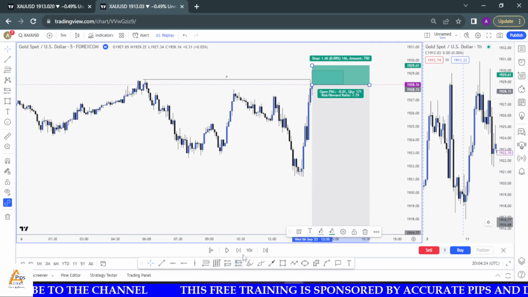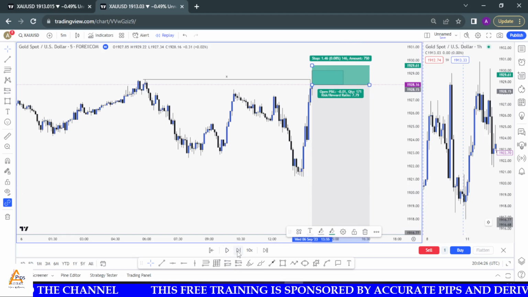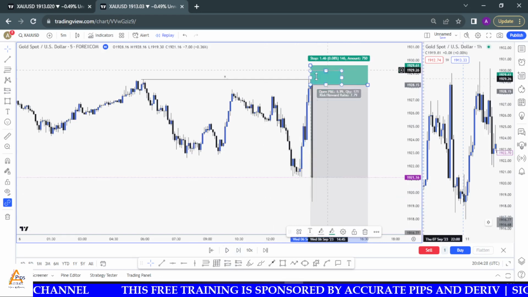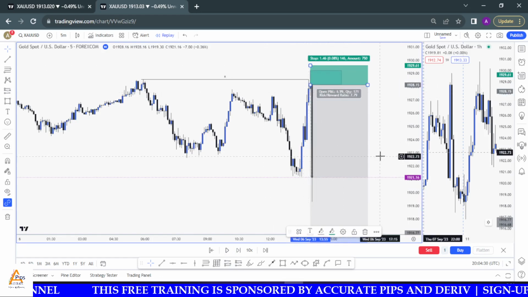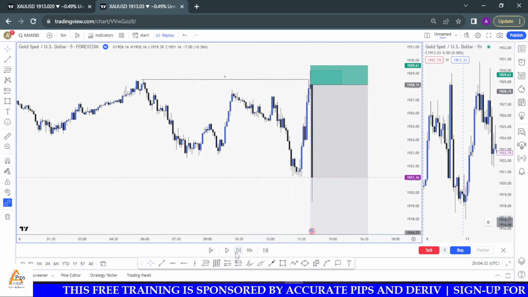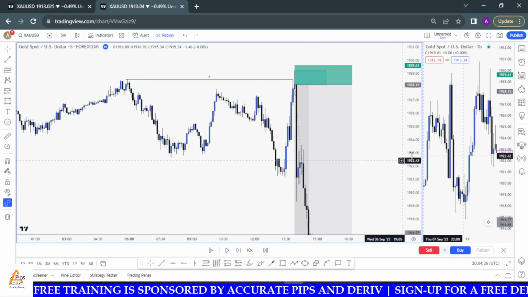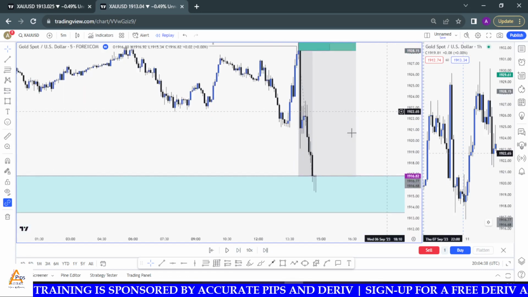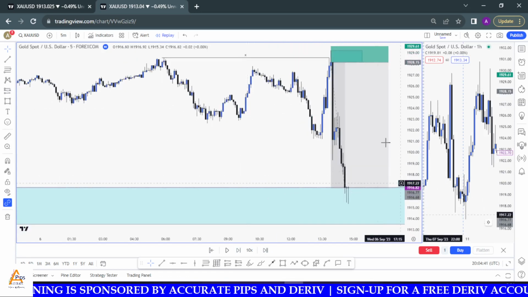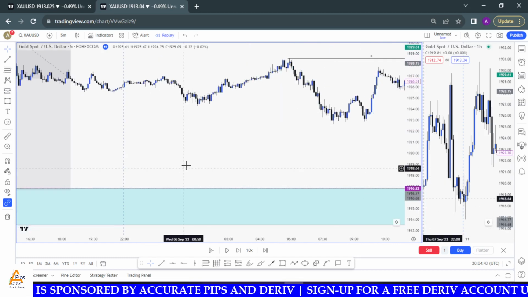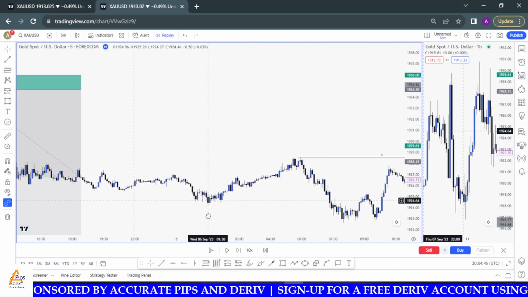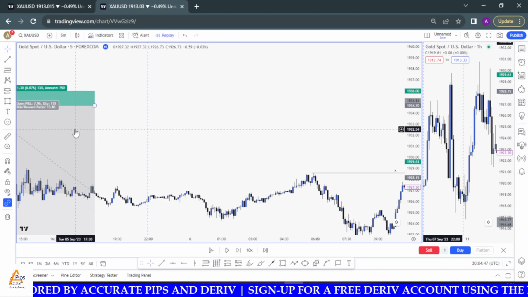So now on the next candle open, let's see if we are tapped in. You can see we are tapped in. And let's see, did we get to our target? Yes. So that is a quick 7R, and already you made about 13R from this.